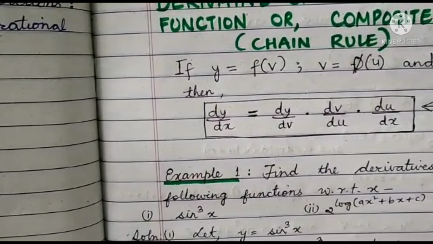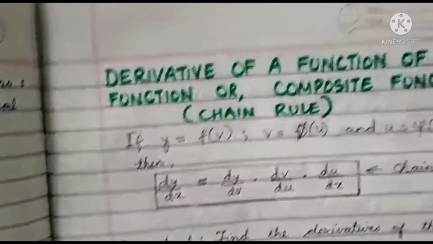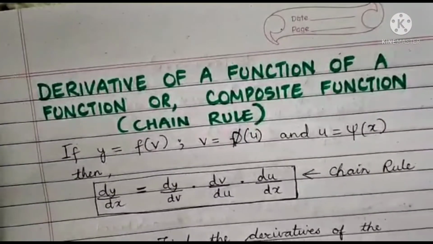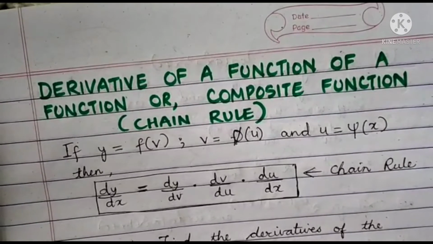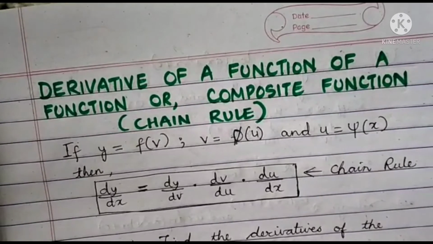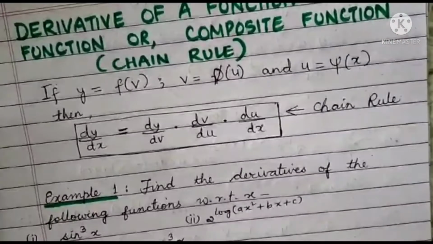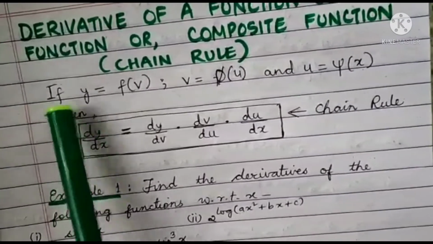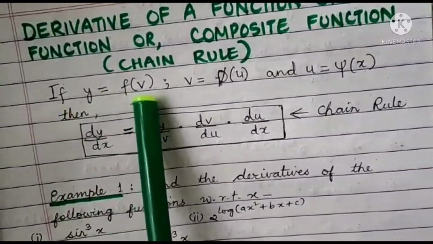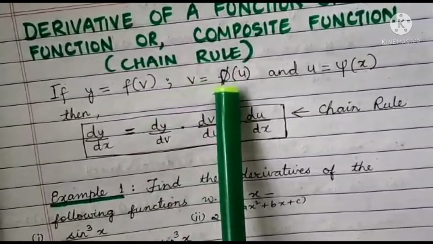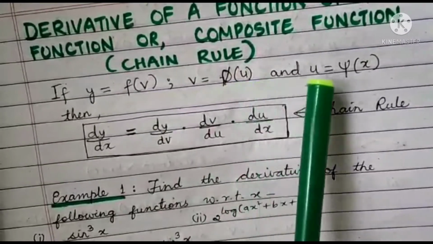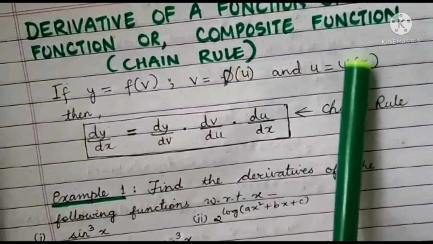Now in class 12 we are directly starting with the derivative of a composite function, or in other words, the chain rule. Okay, this process is called the chain rule. What is the meaning? Suppose you have a function y equal to f of v, where v is equal to phi of u and u is equal to psi of x.